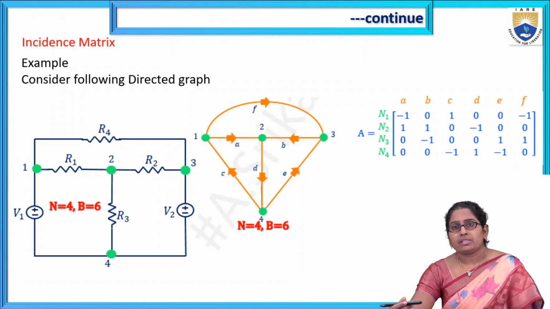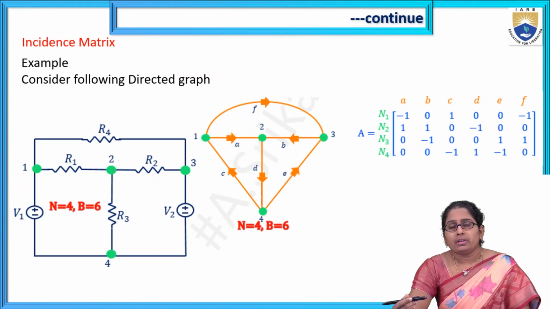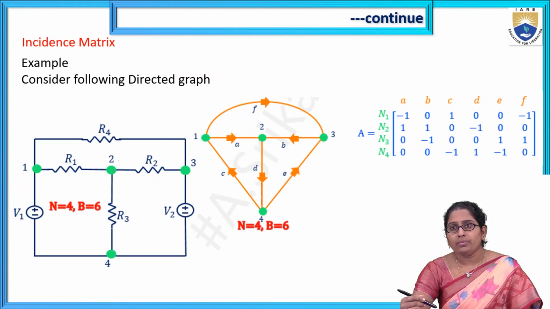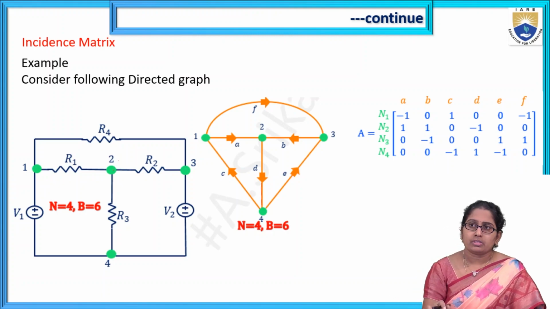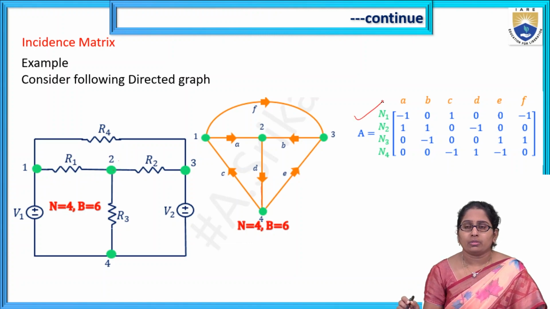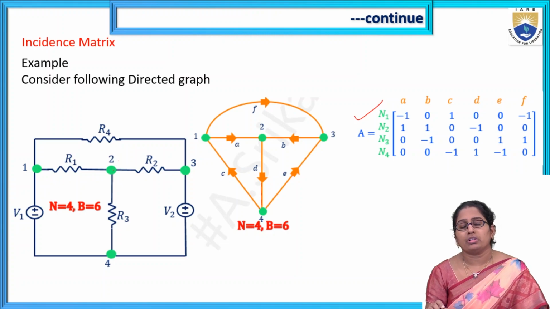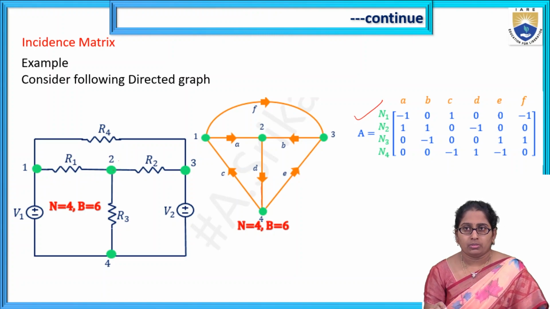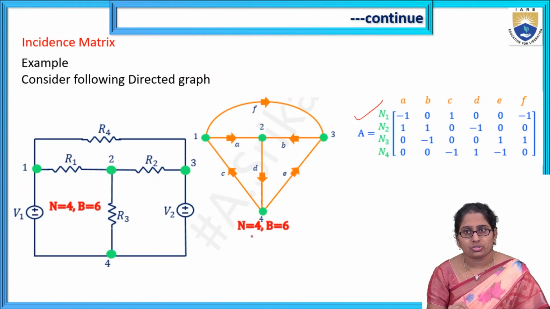The vice versa is also possible. As I mentioned in the first slide, we can also draw the graph from a given incidence matrix. Suppose this incidence matrix is given in the question, and they ask to draw its corresponding graph. You can draw it, because the number of rows and columns gives the number of nodes and branches of the graph.